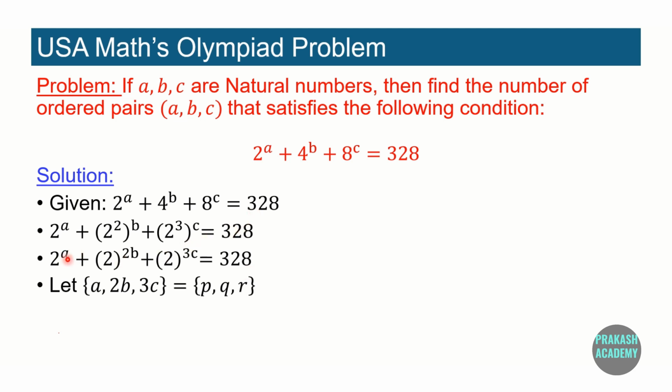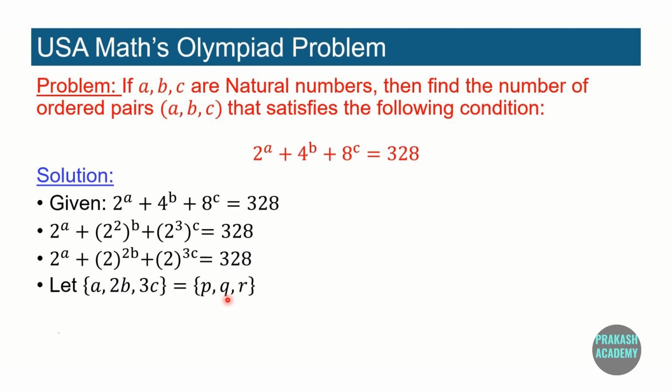Now let us say these three numbers, that is A, 2b and 3c, are an unknown set. Let us denote this with another set P, Q, R, and P can be anything. P can be A or 2b or 3c. Similarly, Q can be anything, it can be A, 2b or 3c.